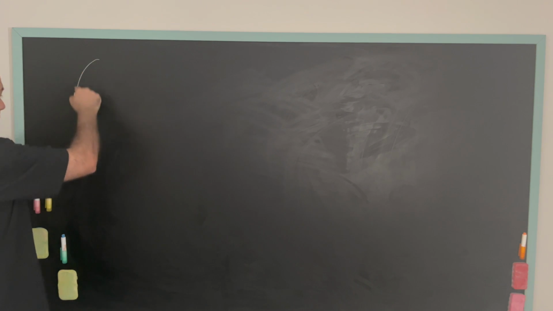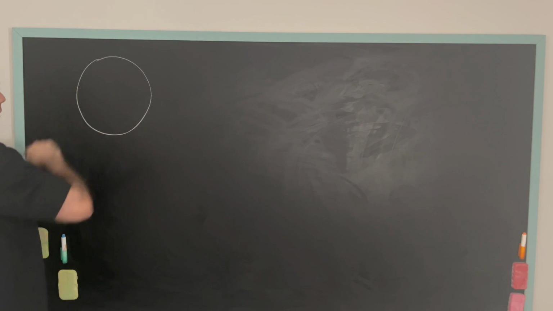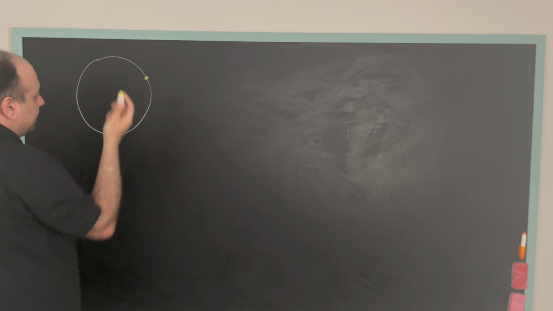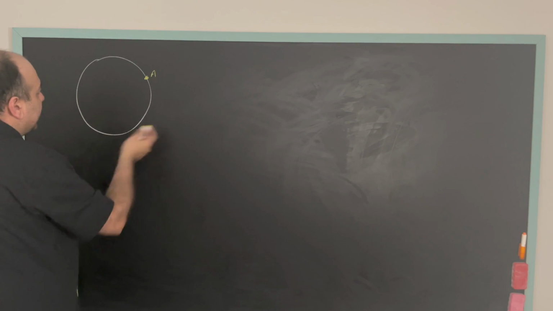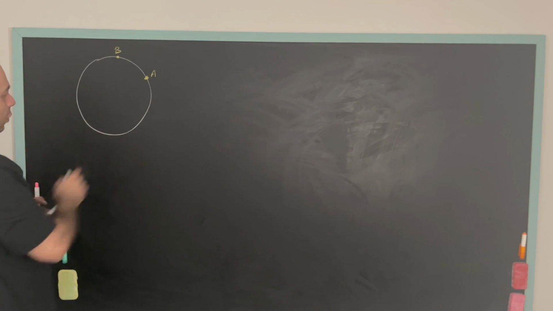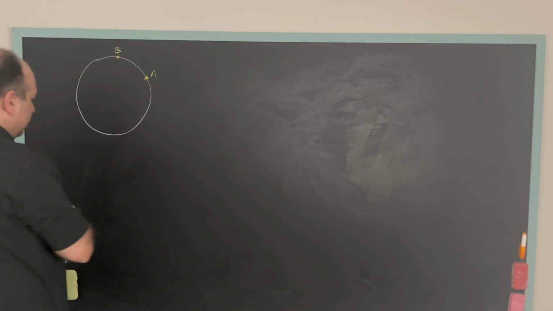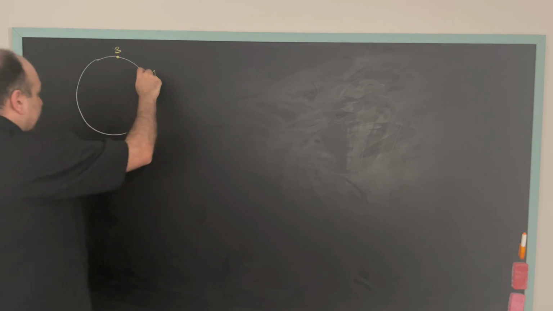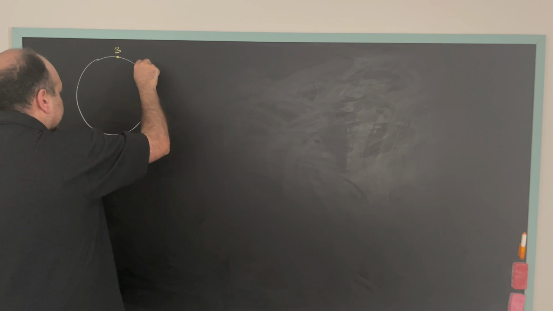So let's look at a typical system. I'll draw a circle. I have a point A. Let's suppose my system is at point A and it moves from A to B on this circular arc. At point A, it is moving in that direction.